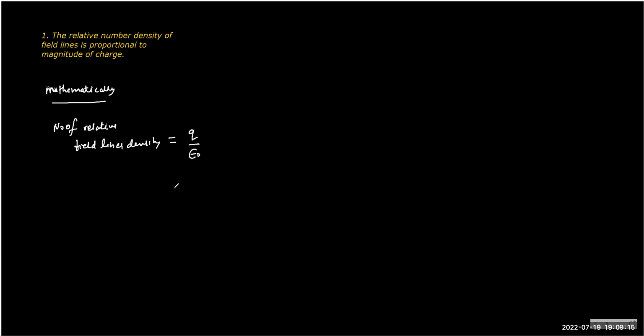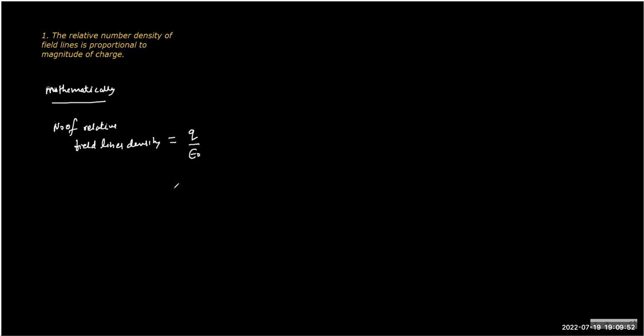So for two charges, if you want to know how many lines of force one is emanating compared to the other, then this is the formula for that purpose. And we believe that Q upon epsilon naught is the number of field lines coming out of any charge of value Q, not only a point charge. So if we have a charge Q of any shape, whether it's point or distributed, doesn't matter, a charge Q can create these many lines of force, numerically equal to Q upon epsilon naught.